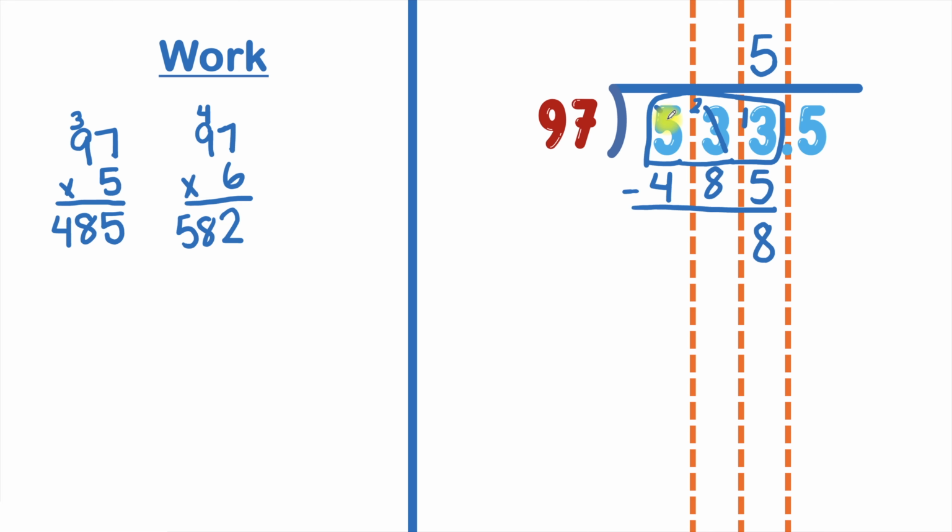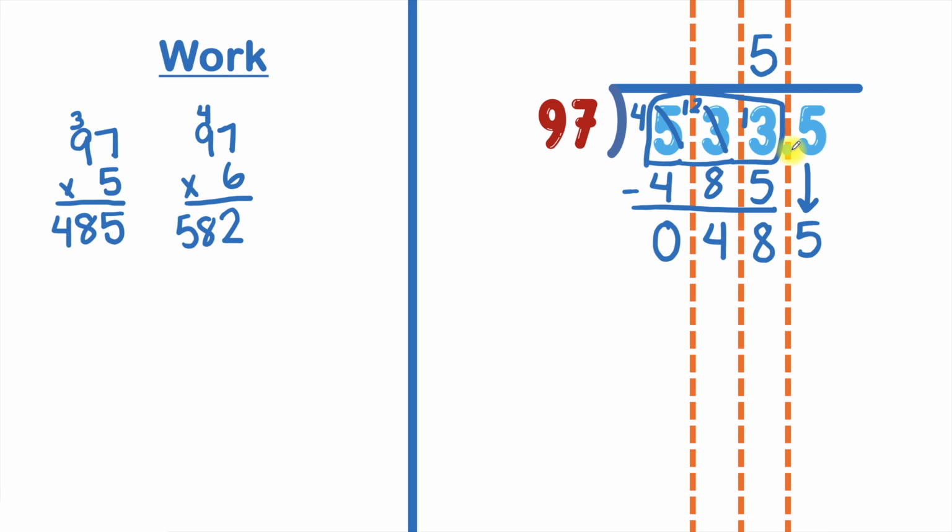This 5 will become a 4, and this 2 will become a 12. 12 minus 8 is 4. And 4 minus 4 is just 0. So we've got 48. And now we'll bring down the next place value, which is the number 5.